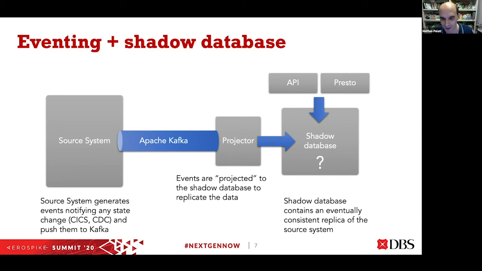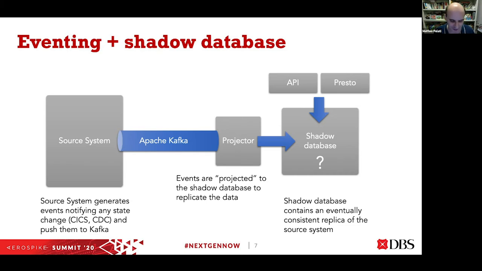So as a requirement, we ask all our source systems to send the event type, which can be an update event, an insert event, or a delete event. And we project this event into a shadow database.